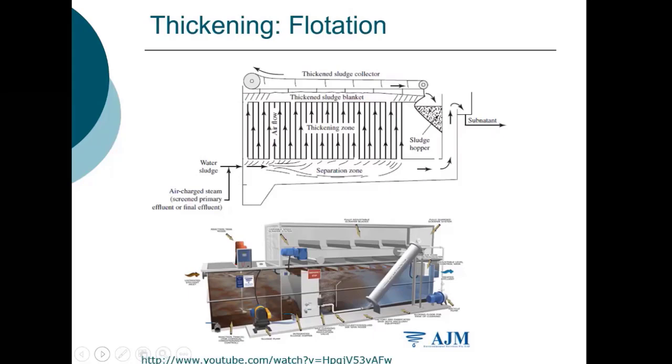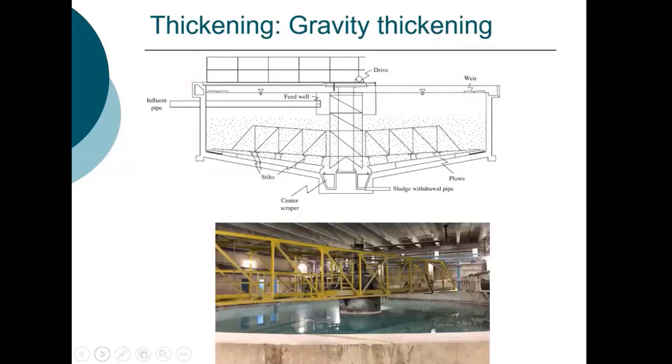Again, it's essentially the opposite of a gravity settling process. Here, if chemicals are added, they're added in this initial reaction tank. The dissolved air is added here, and then the particles flow to the surface and they're skimmed off to a sludge hopper that you see here. This is a gravity thickener.